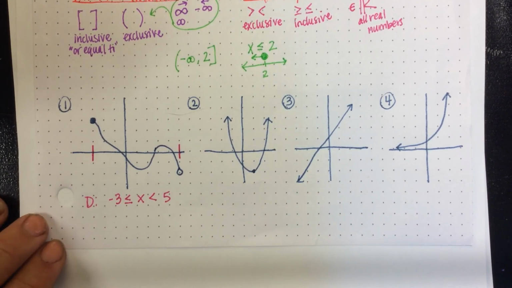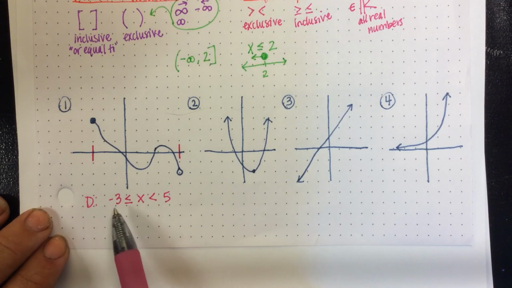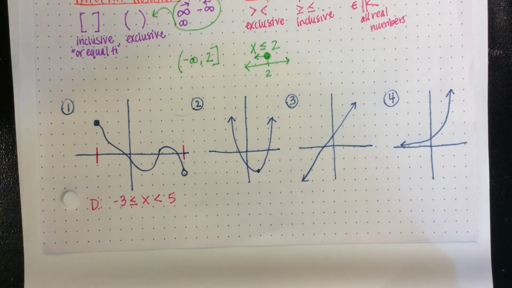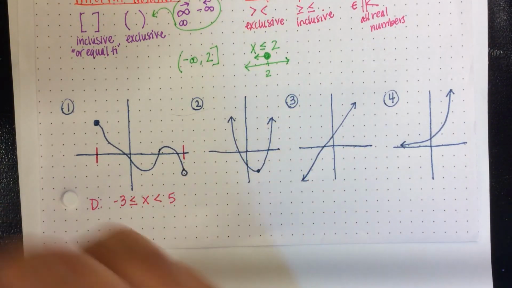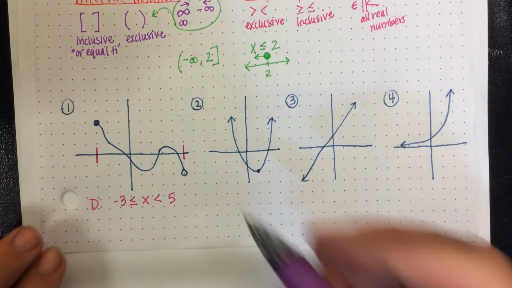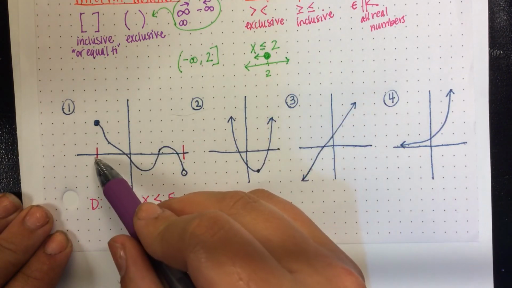Anytime you do inequalities with domains, or with your domain and range, if it is a number to a number, you're always going to have this set up, and you just have to decide if it's or equal to or not.